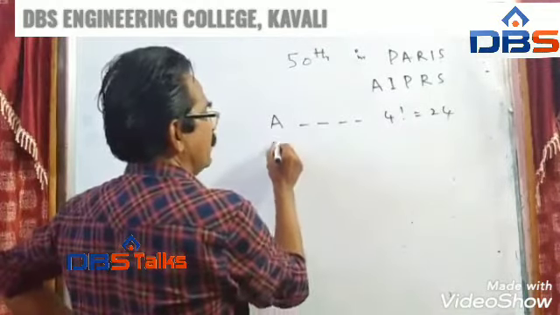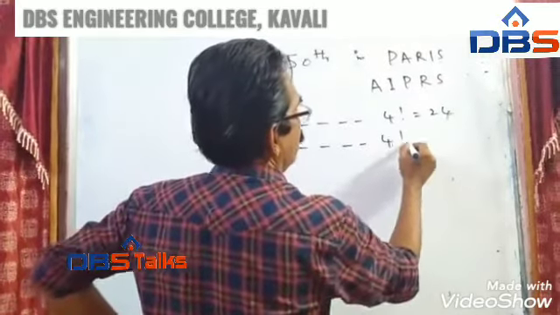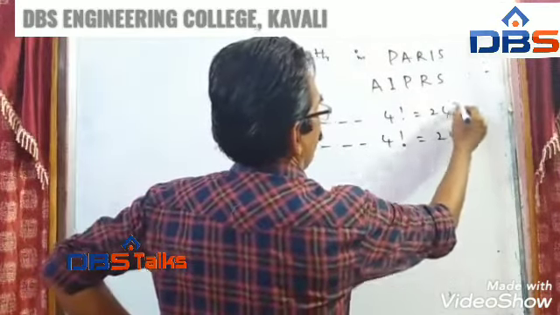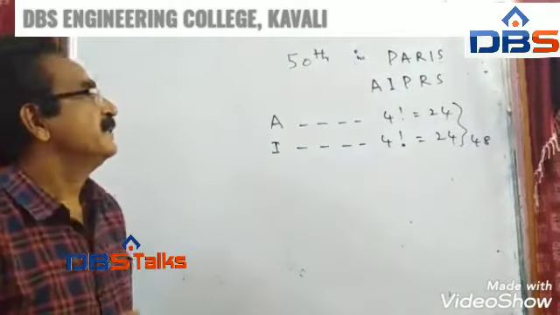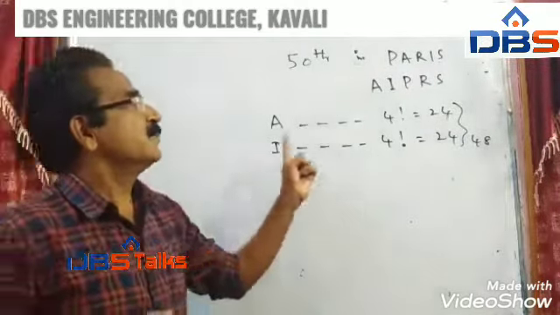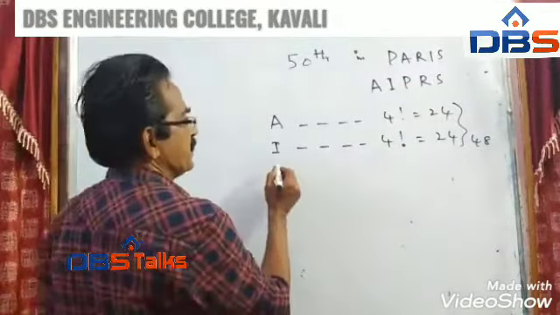Next, starting with I, again you have 4 factorial, 24, so 48. Next P has to come in the first place.